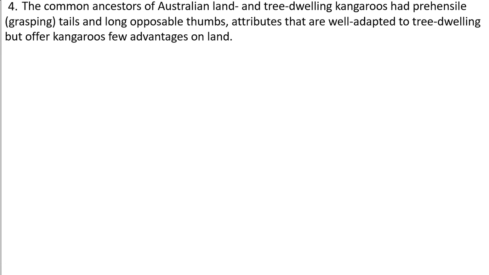It says that the common ancestors of the Australian land and tree-dwelling kangaroos had a few different attributes, and these attributes are well adapted to tree dwelling. Mind the words: they are well adapted to tree-dwelling kangaroos, but not to land-dwelling kangaroos. For land-dwelling kangaroos, they just offer few advantages, but are not well adapted. So, well adapted to tree dwelling only.